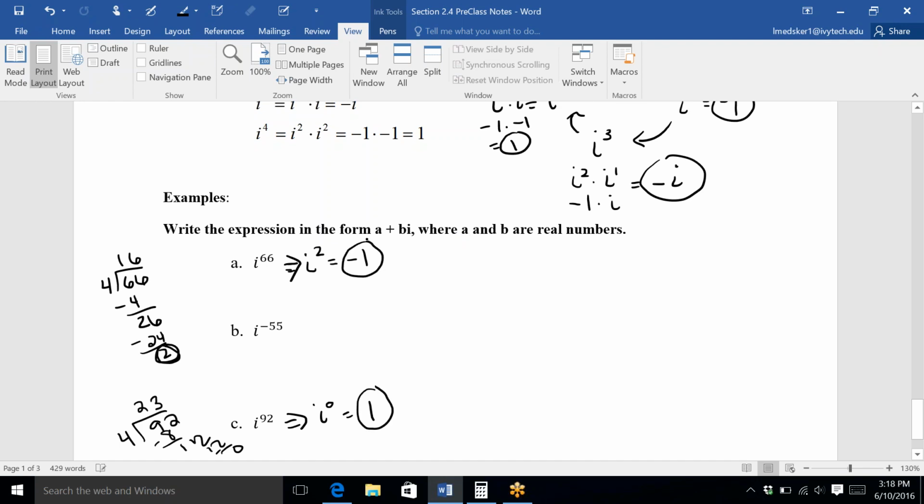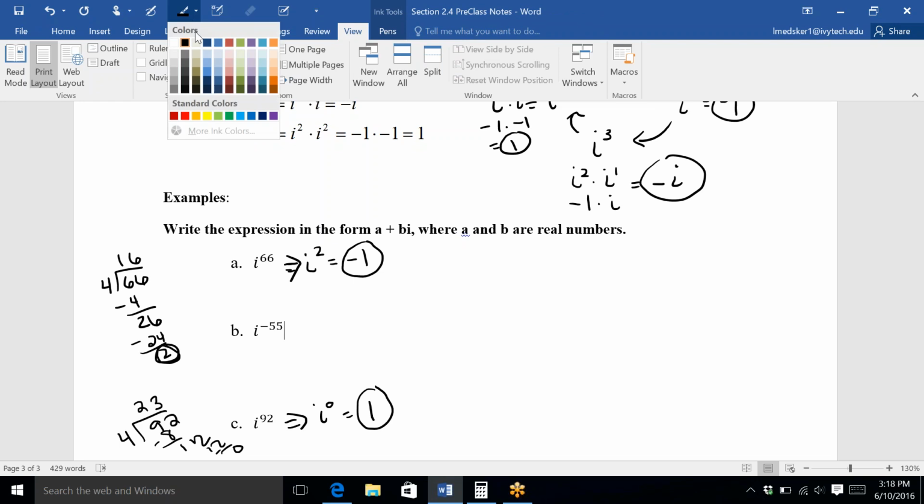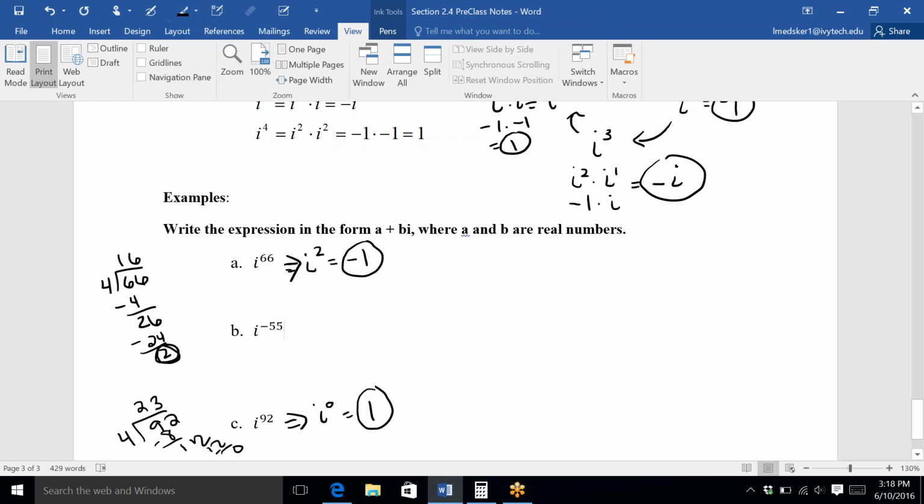All right, now let's talk about that one in the middle that has the negative exponent. You cannot do powers of i with a negative exponent. You have to have it in positive exponent form. So we're going to move that first. So that would be 1 over i to the 55th. Then I'll go ahead and do my division. 4 goes into 55 1 time.